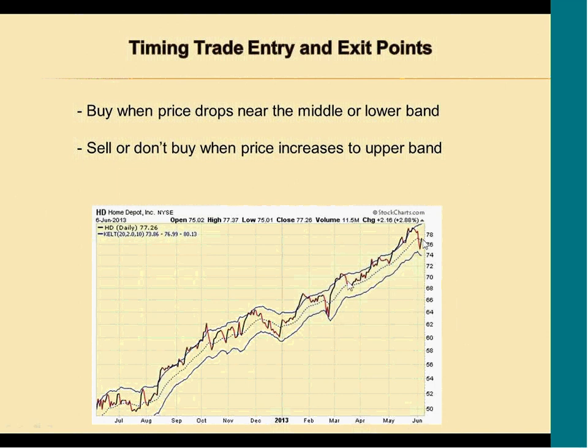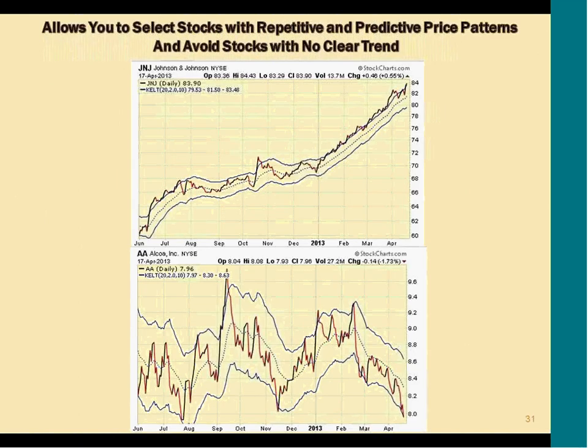So it has a very predictive price pattern, as opposed to the lower chart, which is Alcoa. And we can see there's really no clear trend here, no clear predictive price pattern. So I'll simply avoid stocks like this, and I'll just focus on stocks like J&J.